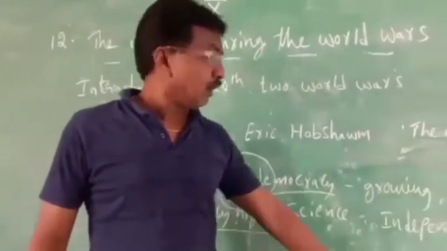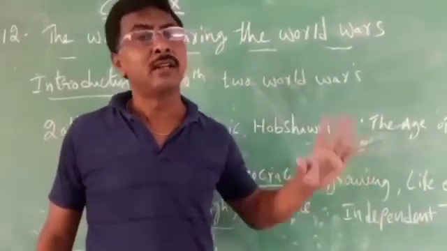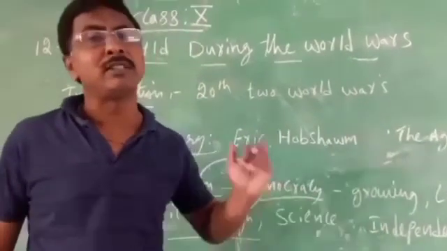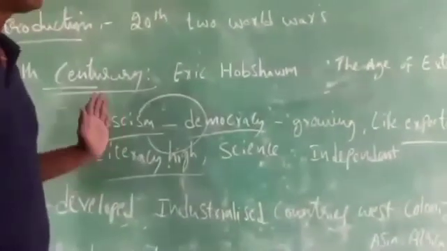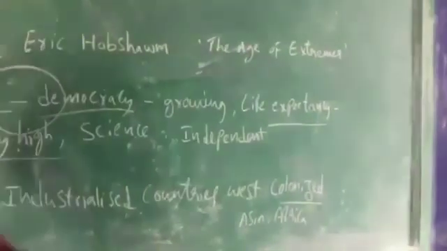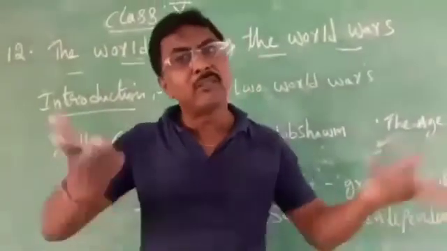Some industrialized countries like USA, France, Italy, Russia, Germany and Austria were industrialized, and some countries were not developed, that is Asia and Africa. So what happened? These people started colonizing. Colonizing means markets. Why? Because industries were established, but they did not have raw materials.